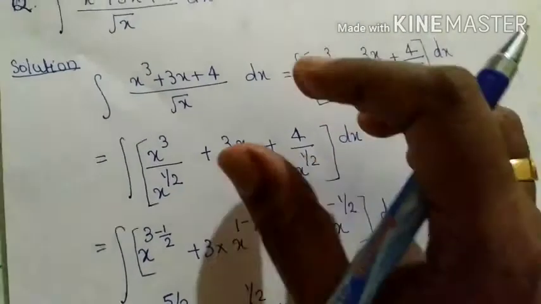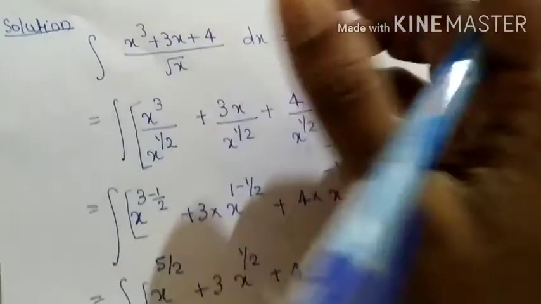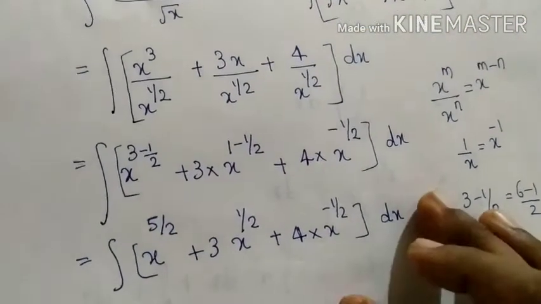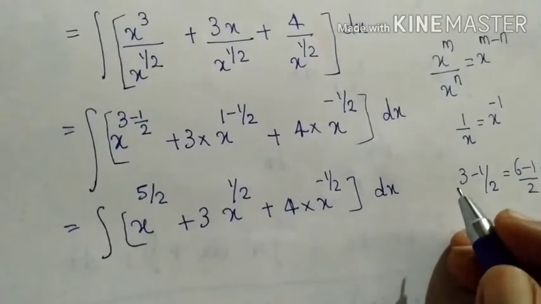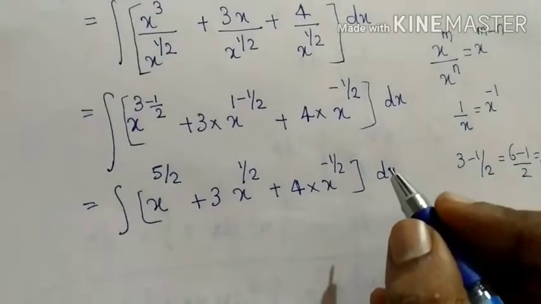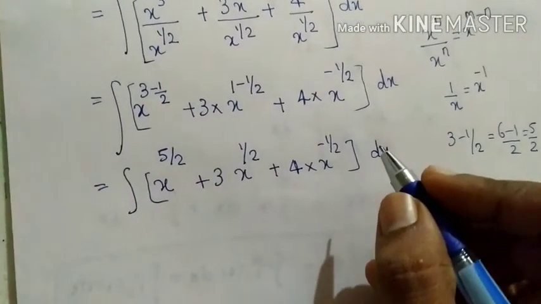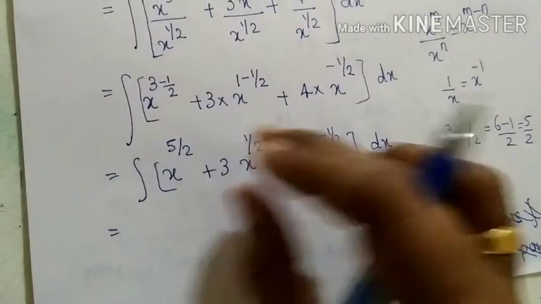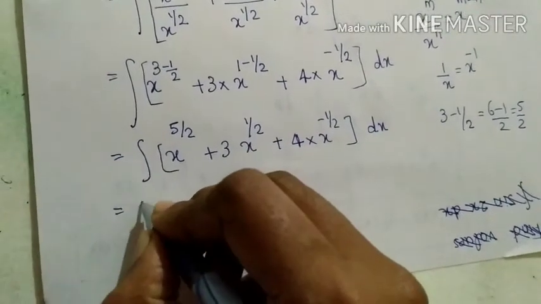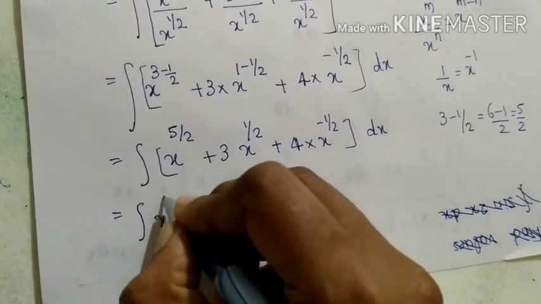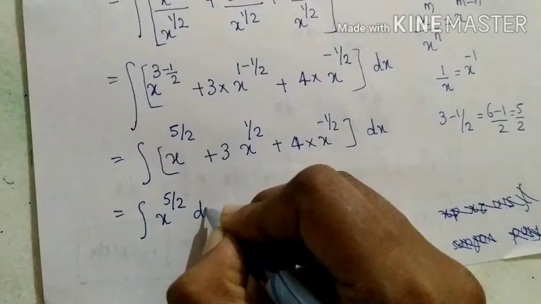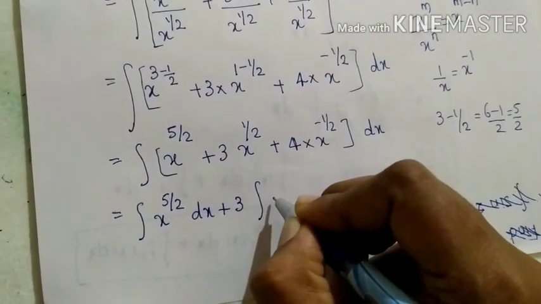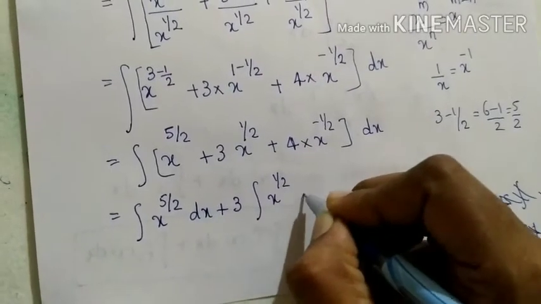So this complex term can be replaced by this simplest form. Next, by using the addition property, I am going to split this integral into integral x raised to 5 by 2 dx plus 3 into integral x raised to 1 by 2 dx.